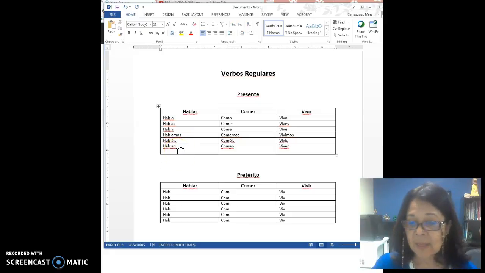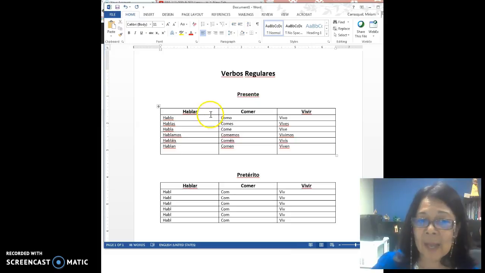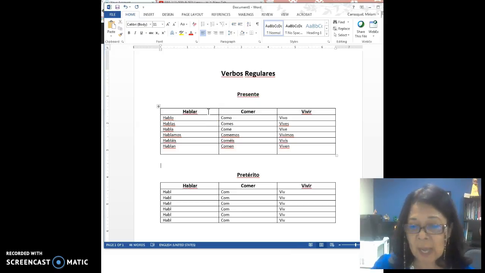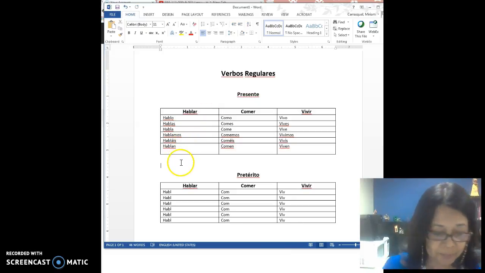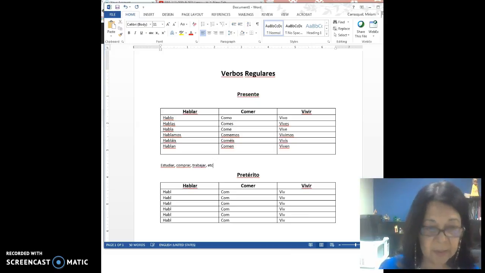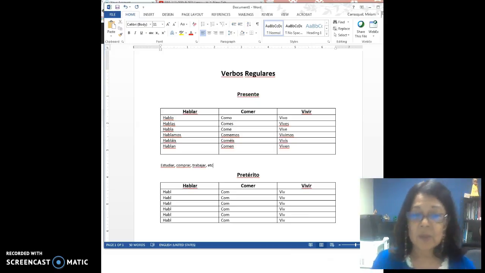The way to study this is to remember that hablar, you group all of these verbs like, for example, estudiar, hablar. You can do estudiar, comprar, trabajar, etc. right here. Okay, so this will be your first group.